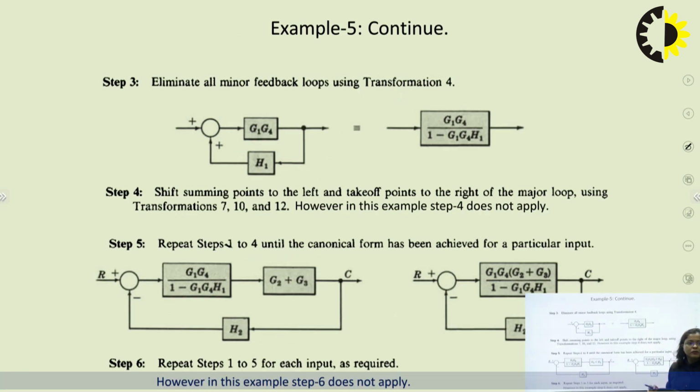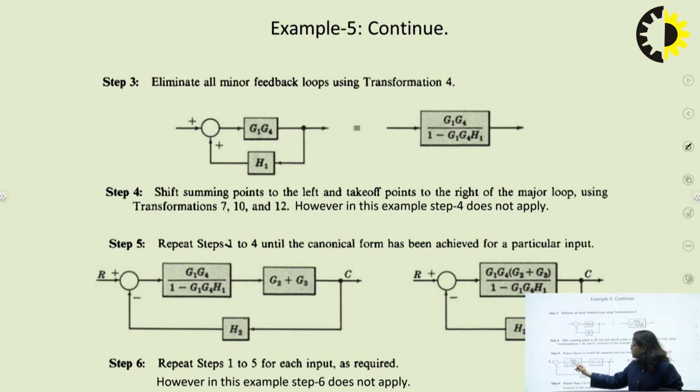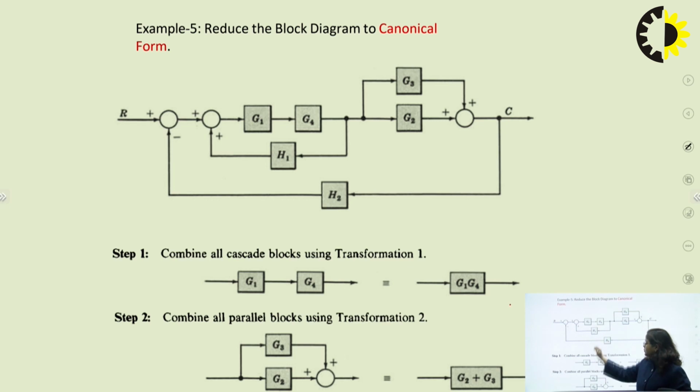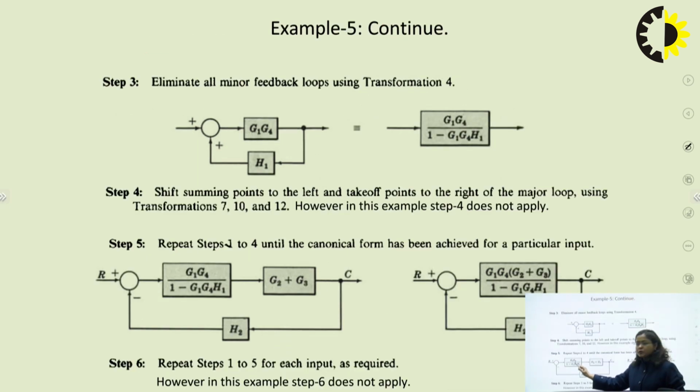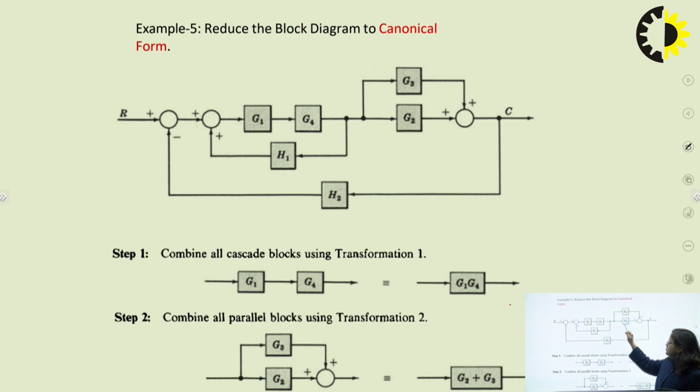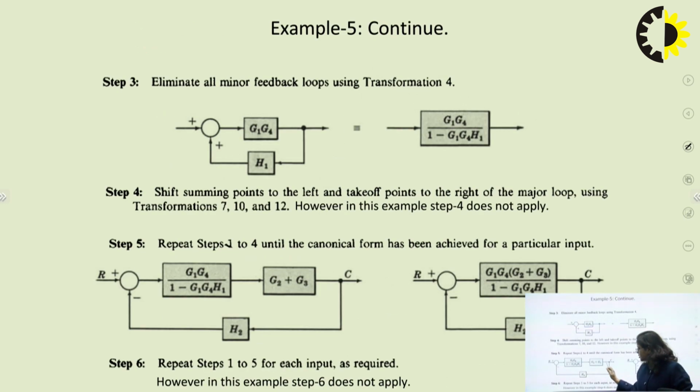So now we will replace all the three functions, that is this feedback element, by G1 G4 upon 1 minus G1 G4 H1, and these two parallel branches by G2 plus G3, then this will be the overall block diagram. These two blocks are again replaced by a cascade function, that is multiplication. So G1 G4 into G2 plus G3 upon 1 minus G1 G4 H1.